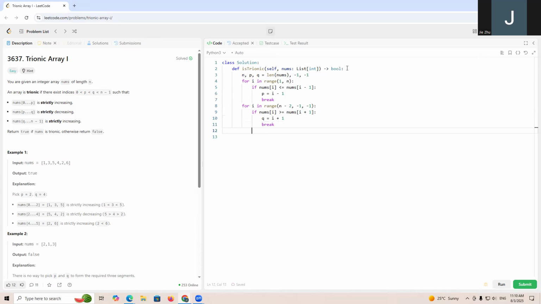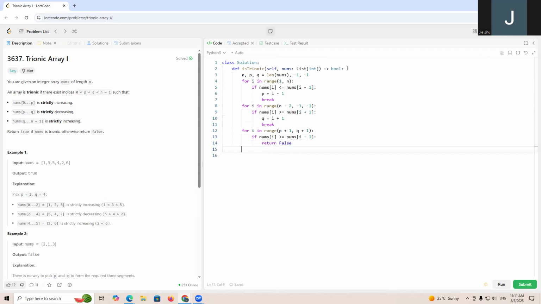And then what we do is that for i in range from p plus 1 to q plus 1, right? Then we check if nums[i] needs to be monotonic decreasing. So if this is greater or equal to nums[i-1], return false, right?